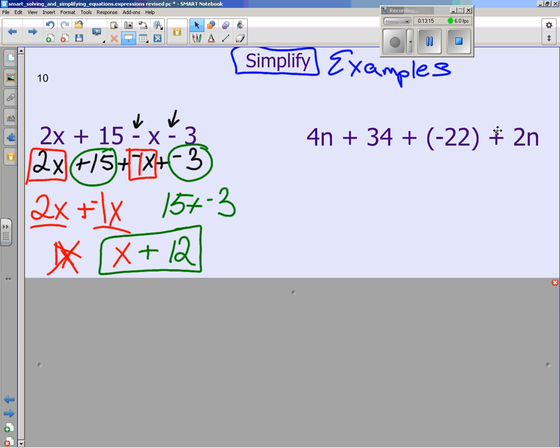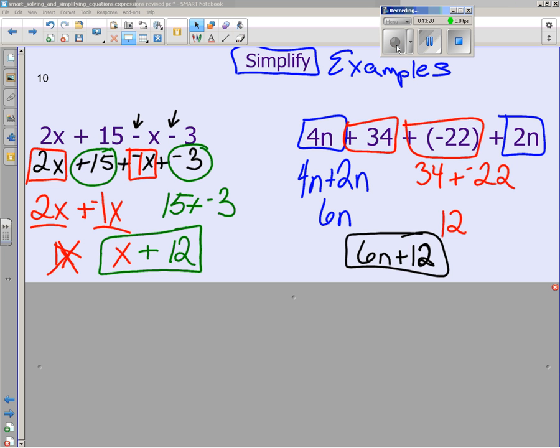This time, I'm going to leave this example up on the board for a few seconds. Pause the video, and try and figure out yourself combining like terms. All right, I've got my answer up here on the board. 6n plus 12 is the answer you should have come up with.